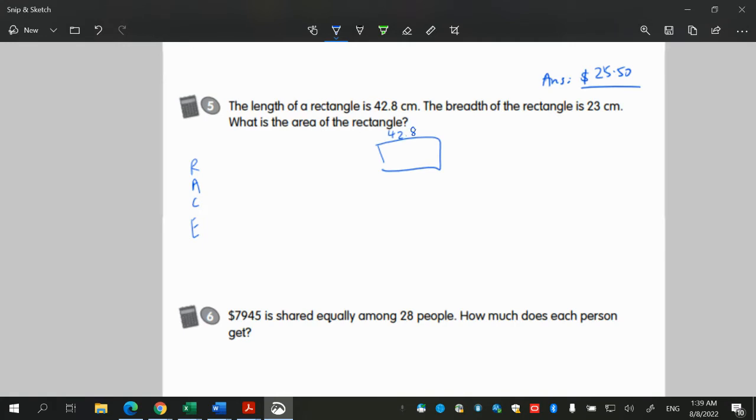The length, that means the long side, is 42.8 centimeters. The breadth, that means the short side, is 23 centimeters. What is the area of the rectangle? Area means the space that's inside.